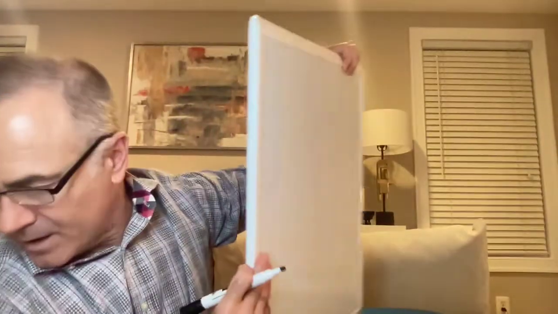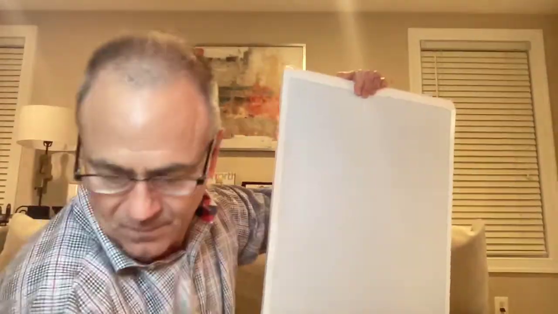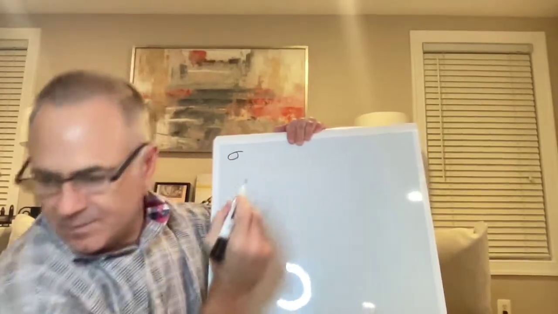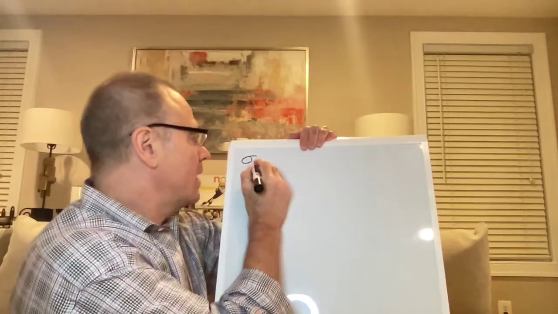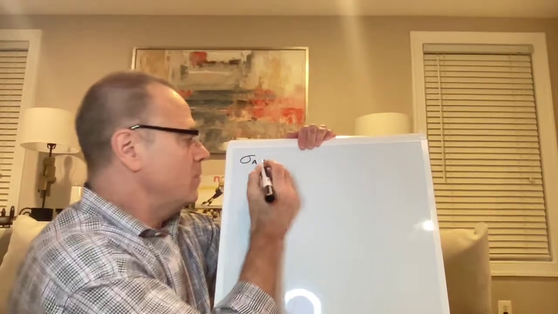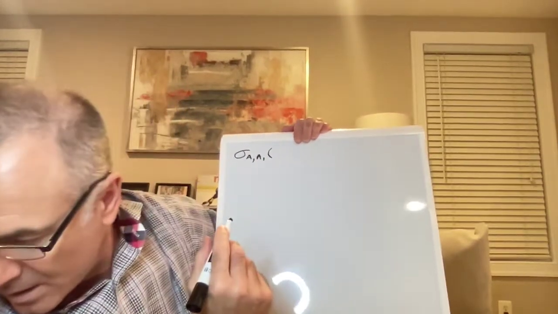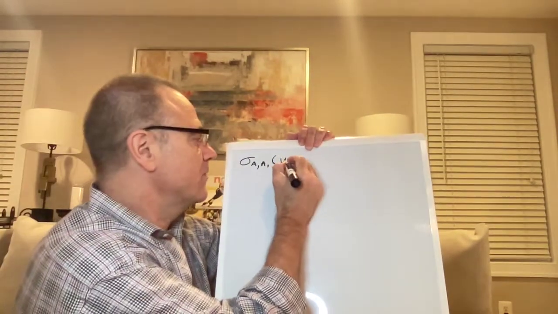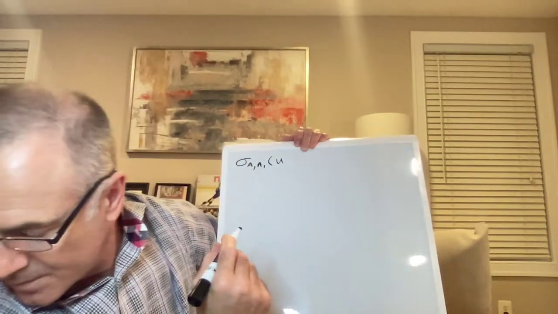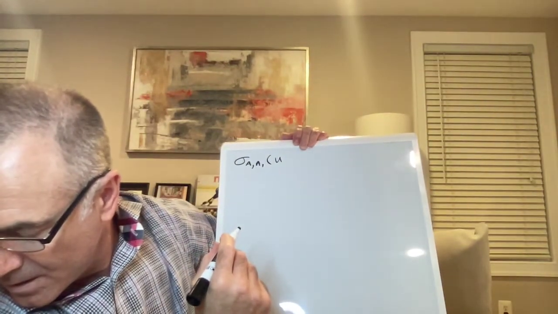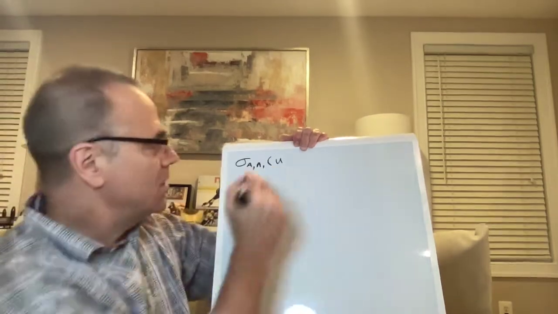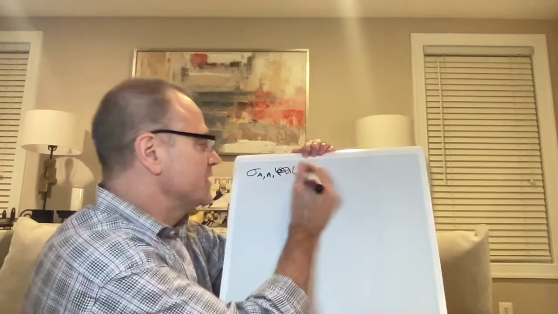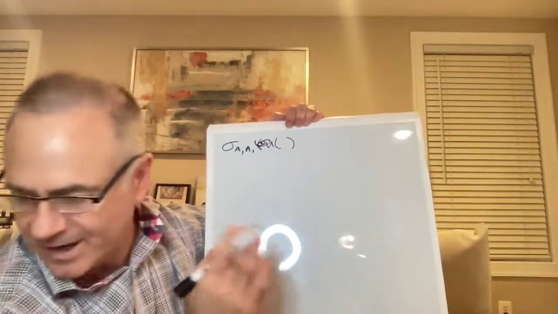Now sigma A1, it's a function of u. You know what? I'm not going to write that. This is sigma AA1. It's a function of some stuff. That's all I'll say for now.